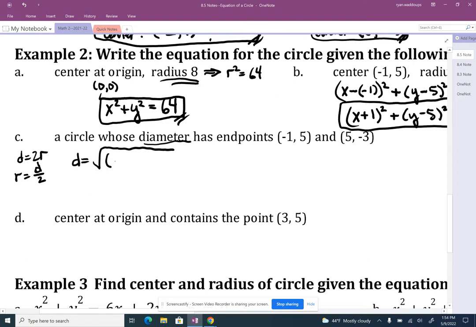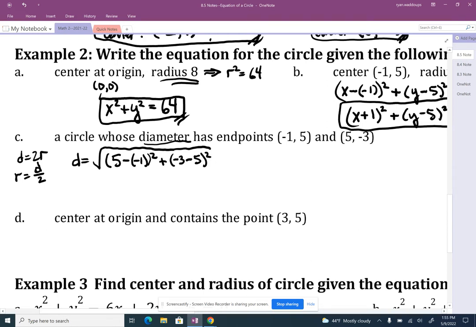x1, let's switch this around. x2 is 5 minus -1 squared plus y2, I'm sorry, not x2, y2. y2 is -3 minus 5 squared.